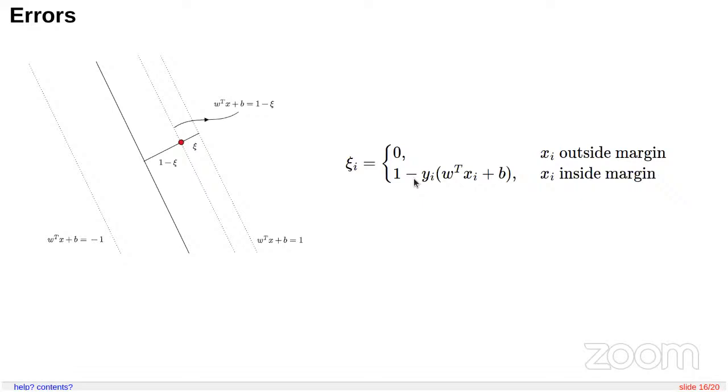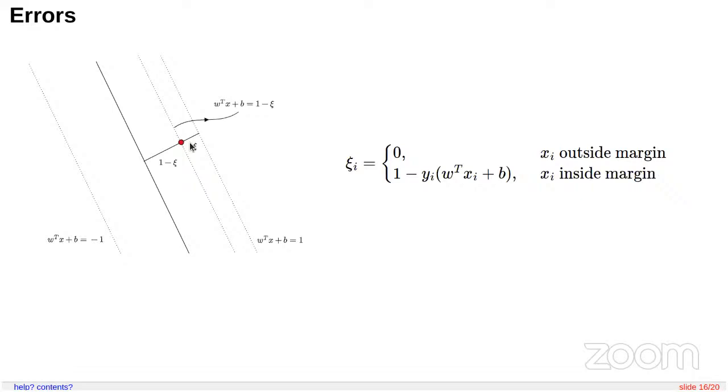In my new units, this is the penalty. 1 is the distance of this plane, and yi times W transpose xi plus b will be its distance from here, right? So 1 minus that will be this part. So yi(W transpose x plus b) will always be a positive number.